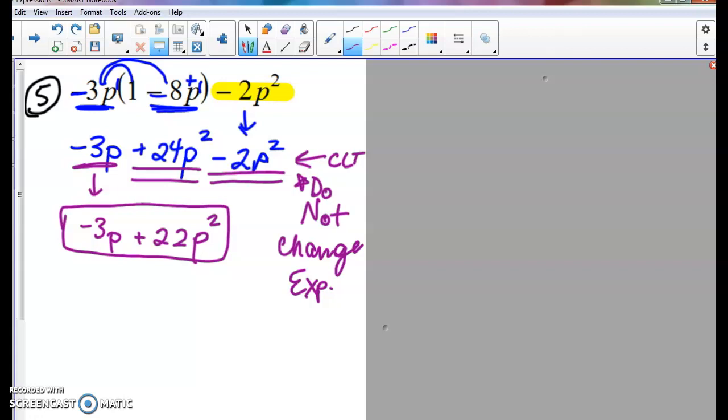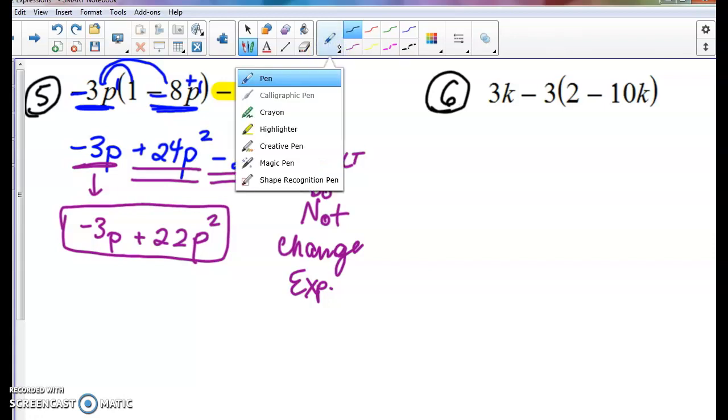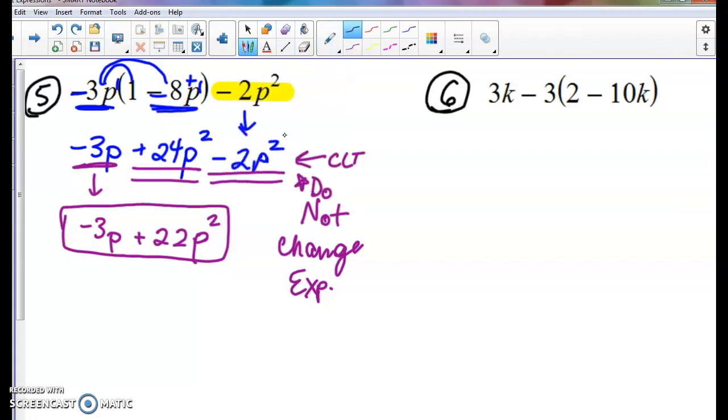Alrighty. One more example for us. Example 6. So go ahead and write out example 6. We got 3k minus 3 times 2 minus 10k. As you write that out, I want you to notice that our 3k here in front is not a part of the parentheses.